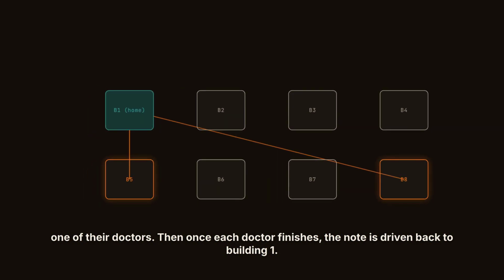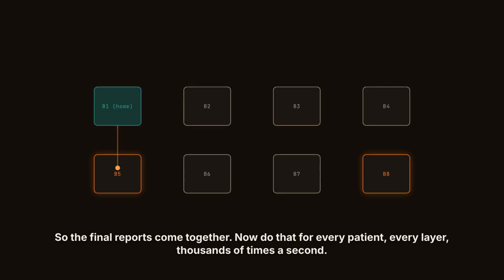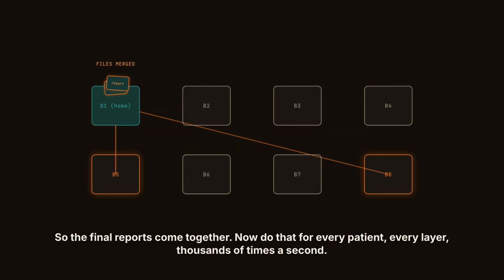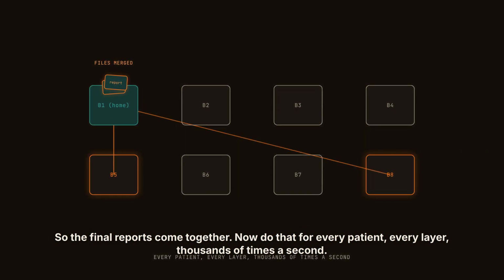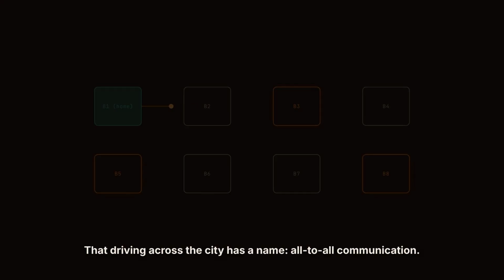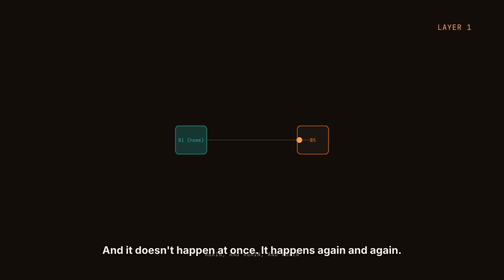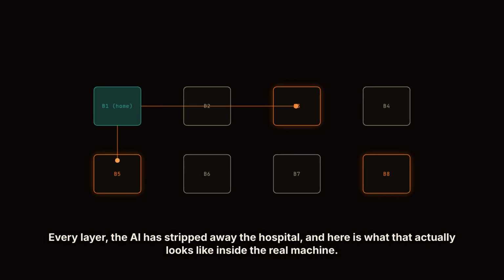Then once each doctor finishes, the results are driven back to building 1, so the final report comes together. Now do that for every patient, every layer, thousands of times a second. That driving across the city has a name: all-to-all communication. And it doesn't happen just once, it happens again at every layer the AI has.